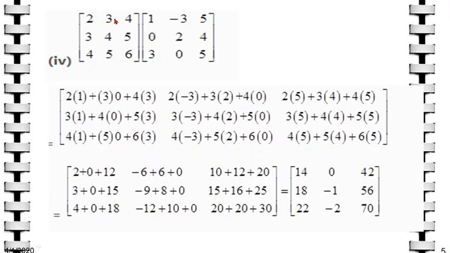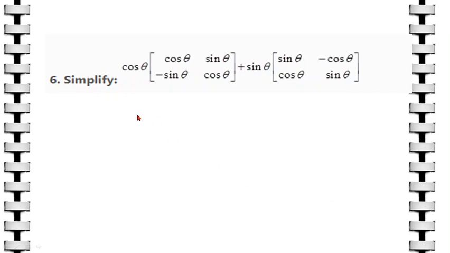So multiply the corresponding elements again, 2 with 5, 3 with 4 and 4 with 5, add them and write here. The same way we have to write down all the elements here, do the calculation and our resultant matrix is ready.